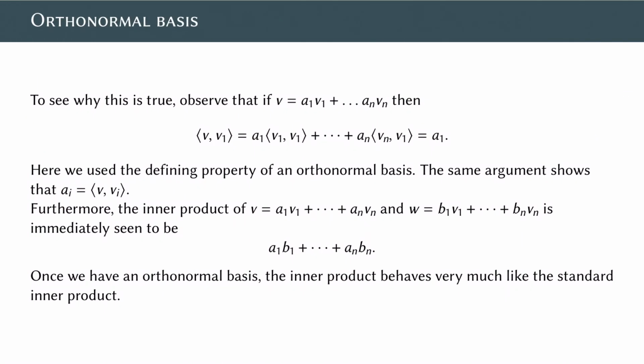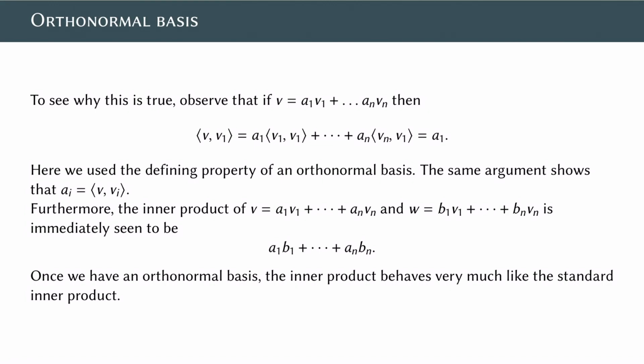Let's see a proof. Suppose V is A1 V1 plus dot dot dot An Vn. We know that V1 to Vn is a basis, therefore you can write any vector V like this. Then we pull the same trick we have done once before. We take inner product of V with V1. Expanding it out, we get A1 inner product V1 V1 plus dot dot dot An inner product Vn V1. Because this is an orthonormal basis, Vi, Vj are perpendicular whenever i is not equal to j.